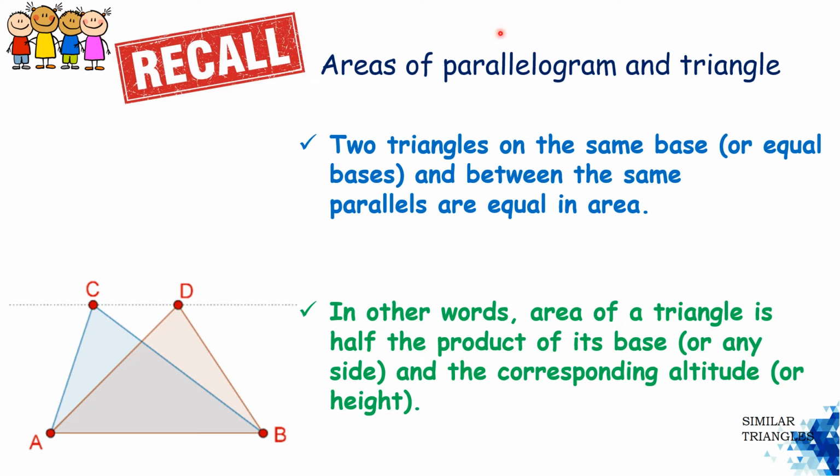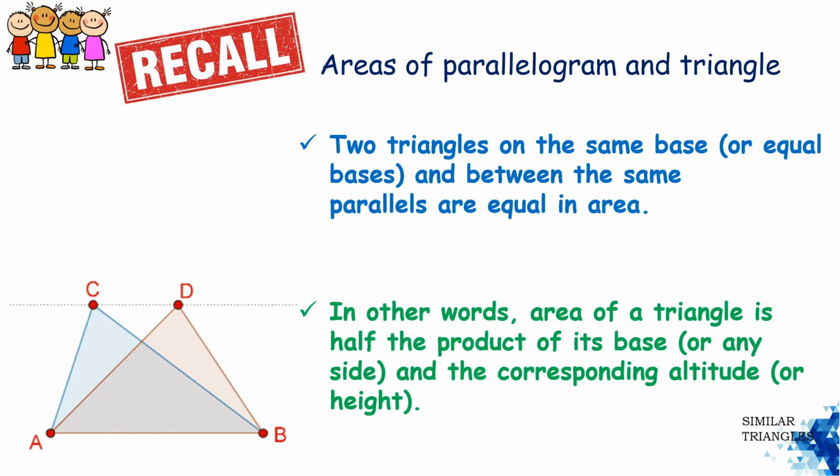Super. So if I have any two triangles with a common base AB and lying in between any two parallel lines, the triangles will be equal in area. Otherwise I can say that the area is half into base into height. So you need to remember this to prove the BPT theorem.